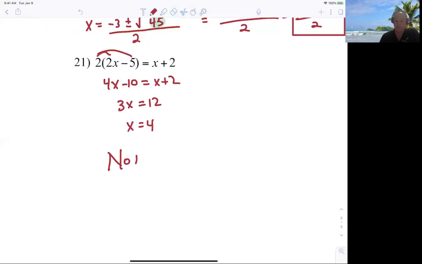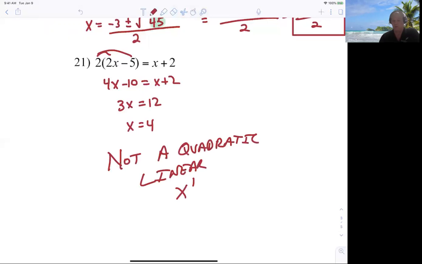Make yourself a note: not a quadratic. Technically, this is called linear, because it's x to the first. Quadratic is defined as x to the second, okay?